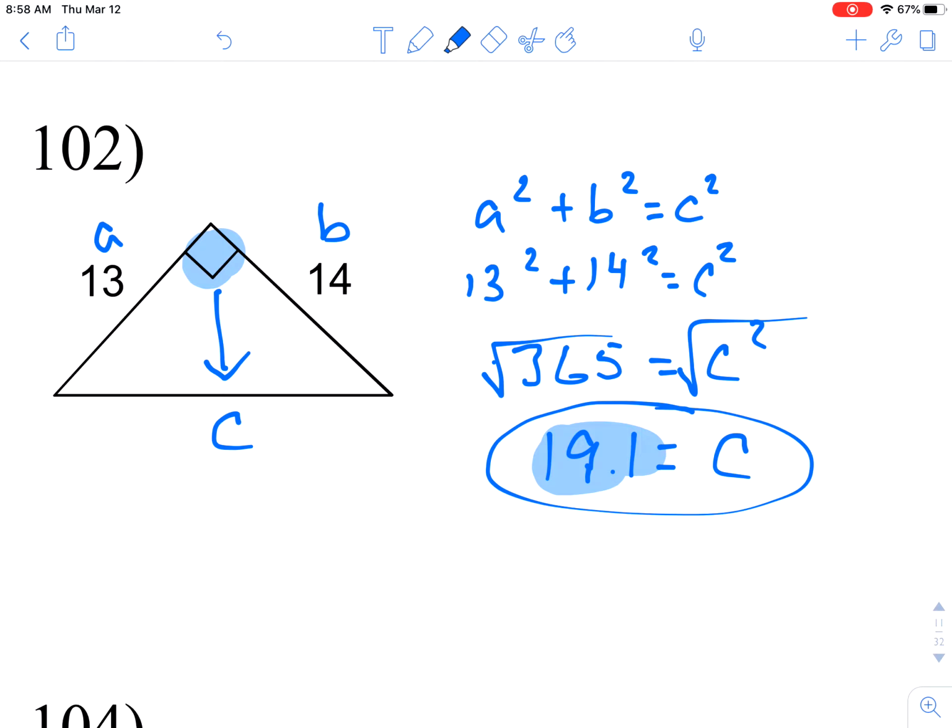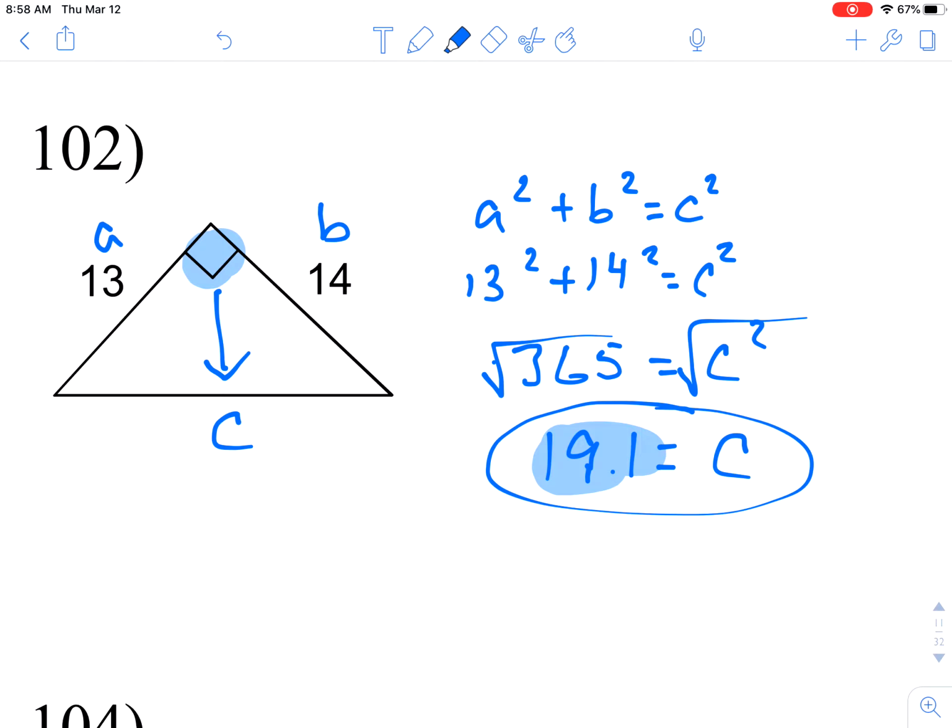Problem 103, again, the one diagonal from the right angle is C, so this is C. I always name the smallest one A and the biggest one B. So 3 squared plus 10 squared is equal to C squared. And you'll go through and work this out. You can type this into a calculator, but I happen to know that this is 109. It's equal to C squared.